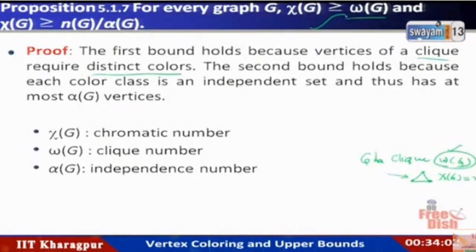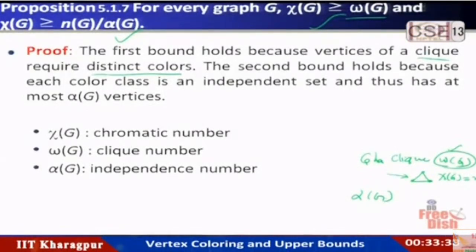The second bound says that after obtaining the coloring, we collect the independent sets in the form of color classes, and alpha of G indicates the maximum size of an independent set.